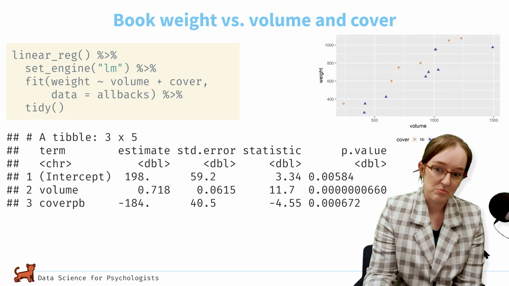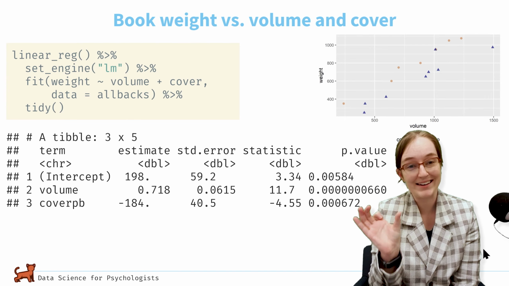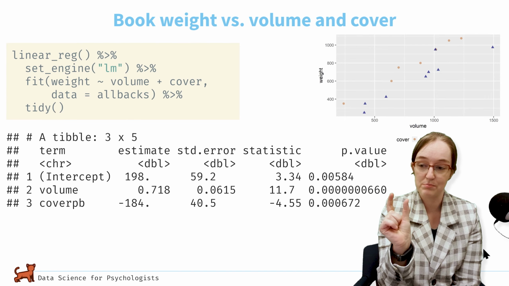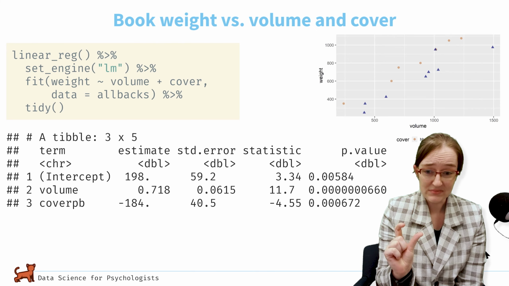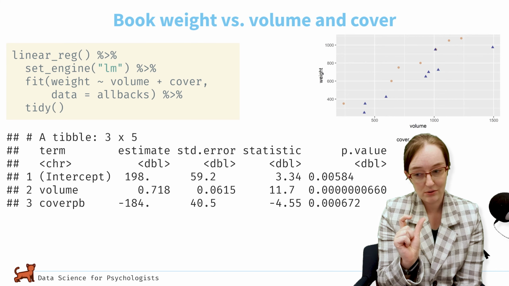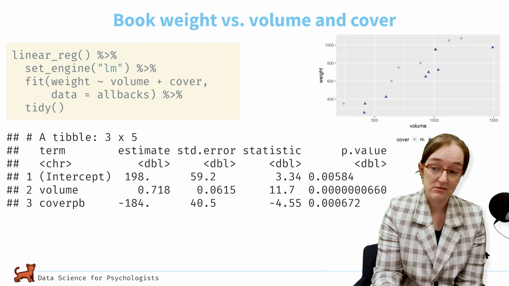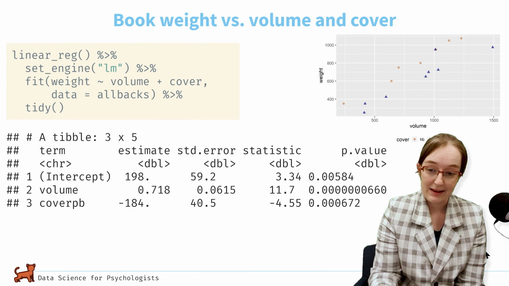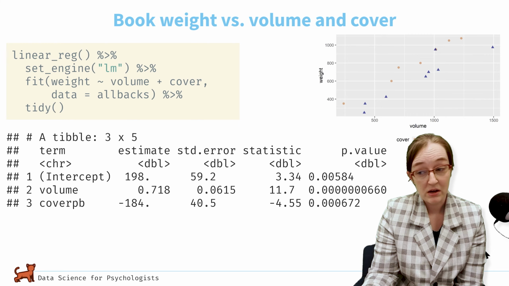Because there's more information. In this model, I have added a second predictor. All I've done is put in plus cover. So now we have a second factor. The average weight with 0 volume and a hardcover is 198 grams.